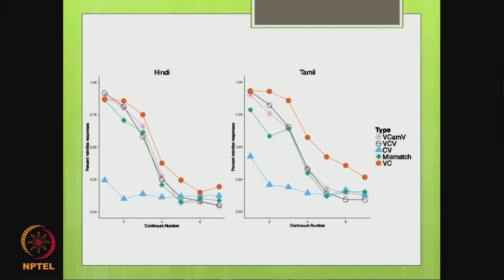Just a note, especially for those of you who are doing linguistics, this is a classic S-curve. So what you're seeing is that at ends of the continuum, people are very, very sure about how to classify a sound as either retroflex or dental. But in the middle, where it's perfectly ambiguous, they really have no idea. And there's a really sharp drop-off in that middle there.